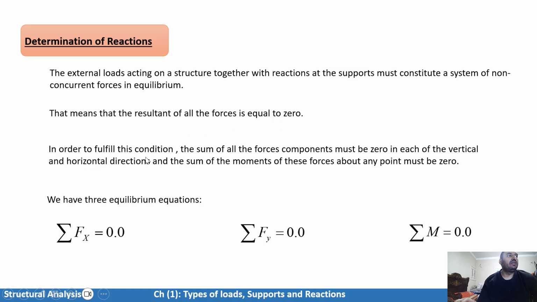In order to fulfill this condition, the sum of all force components must be 0 in each of the vertical and horizontal directions, and the sum of the moments of these forces about any point must be 0. So we have three equilibrium equations at any point of the structure: sum of forces in x direction equals 0, sum of forces in y direction equals 0, and sum of moments at any point of the structure equals 0.